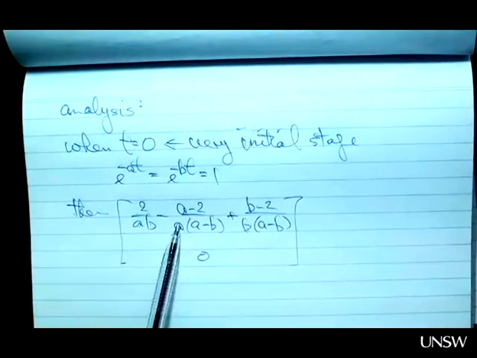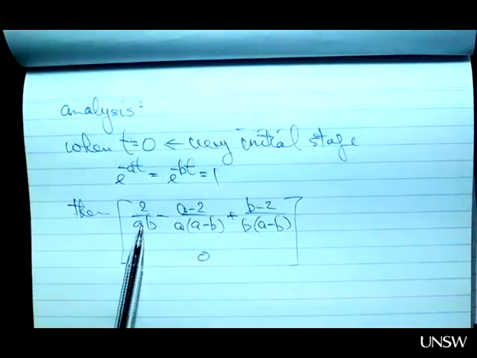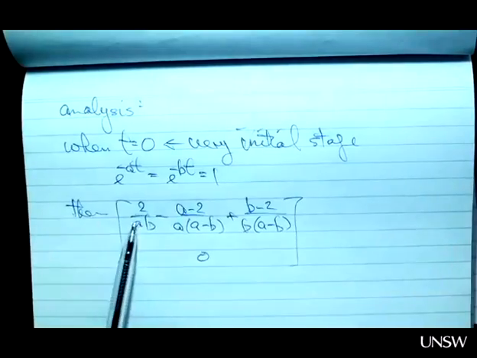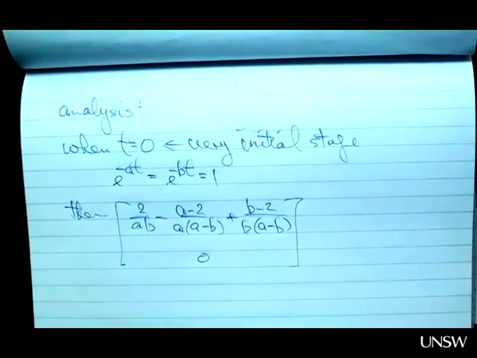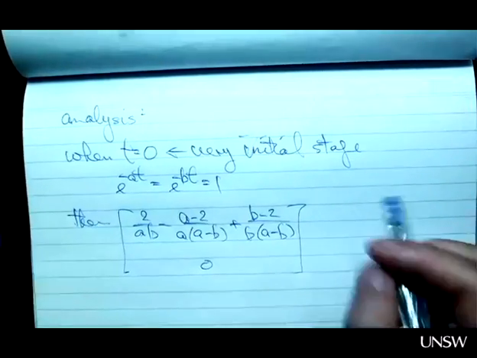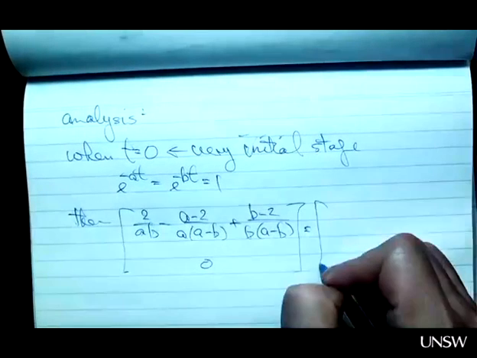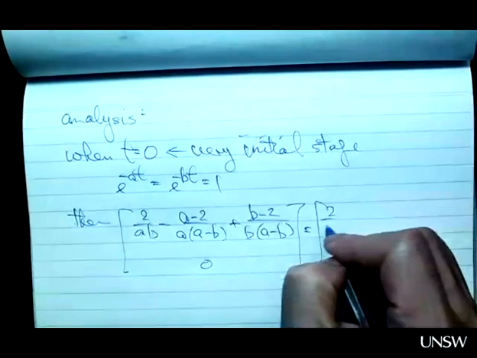The ab term is also common with the first element here. Okay. So A equals 2 of AB and then minus this one.